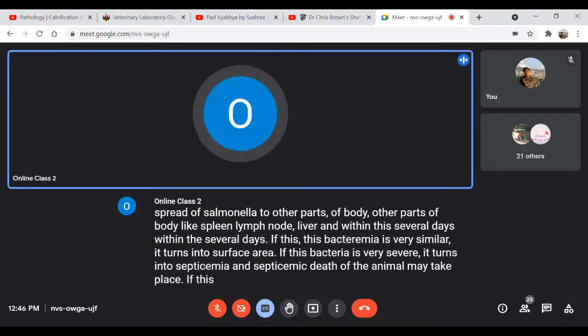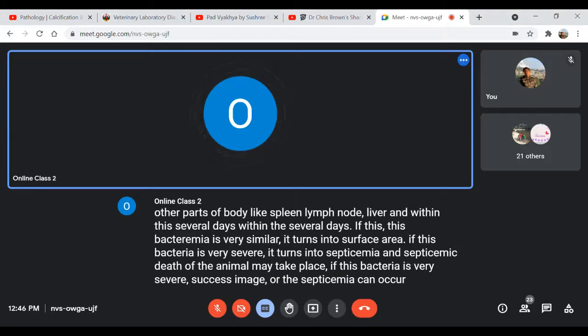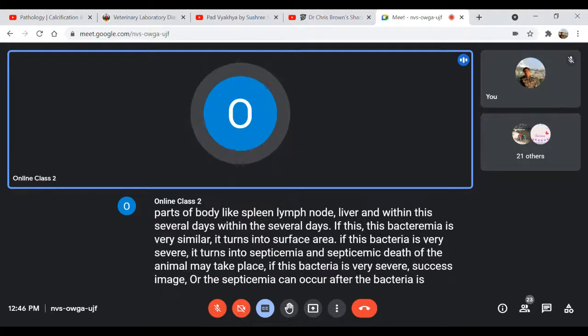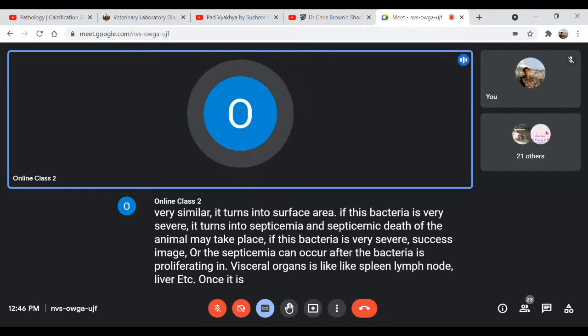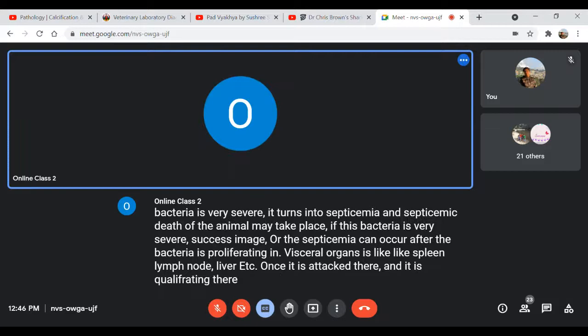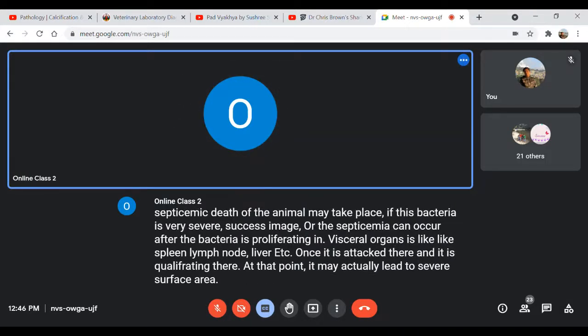Or septicemia can occur after the bacteria proliferate in visceral organs like spleen, lymph node and liver, leading to severe septicemia.